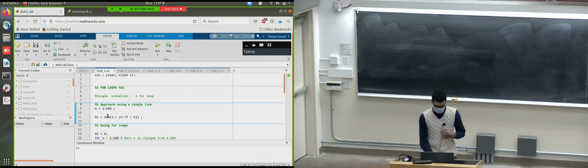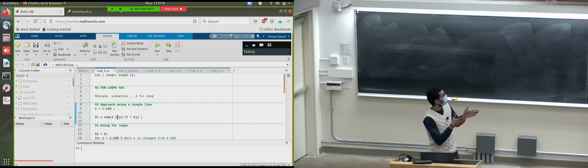So you can get the answer to this question without using a loop, essentially. So here n is going from 1 to 100, and let's say S1 is the sum of all the numbers in the series that vary from n equals 1 going to n equals 100. Okay?